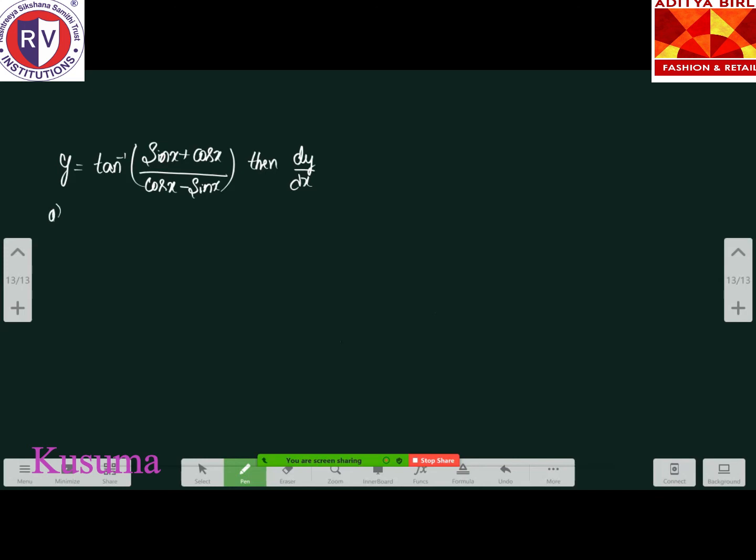So majority of the questions here are finding dy by dx itself. Option A is 0, option B is 1 by 2, option C is pi by 4, and option D is 1.